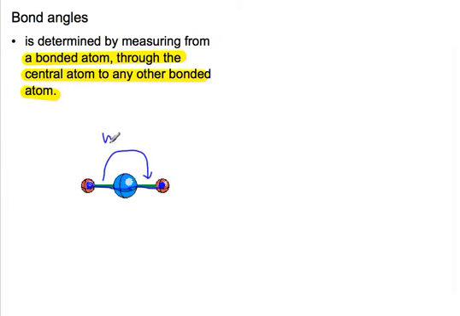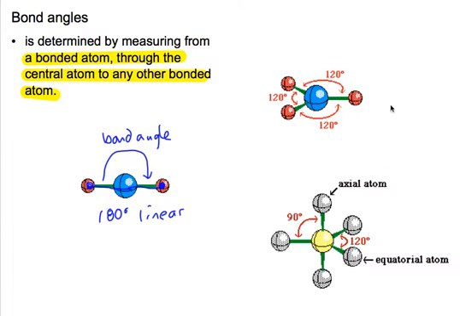So that's our bond angle. And so this bond angle is pretty simple. That's 180 degrees. And you see a 180 degree bond angle in a linear molecule. But it's not the only bond angle. There's several others, and these diagrams show some of the other ones, and we'll come across these as we proceed.